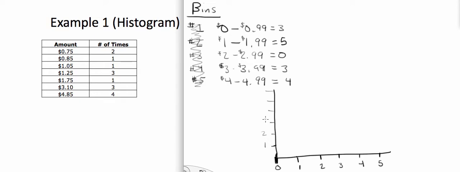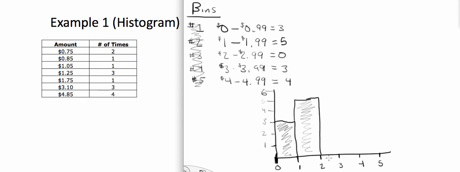Bin number 1, the 0 to 99, goes up to 3. So I create a bar up to 3, and we fill that in right there. From 1 to 2, it goes up to 5. So it's touching it, it goes up to 5 and over. And then from here over, we fill that in.